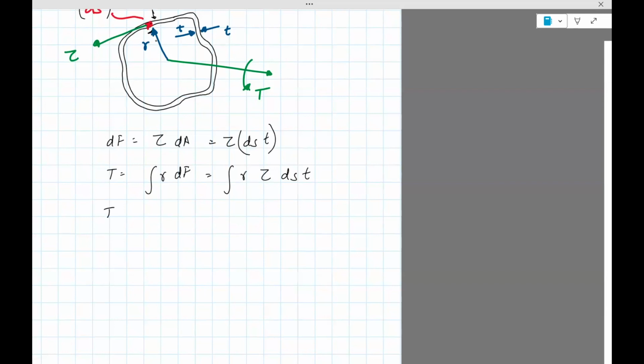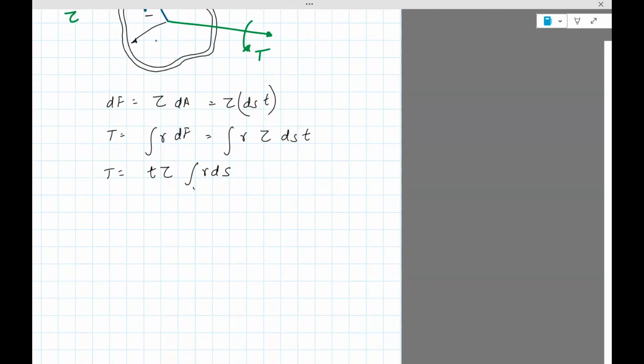I'm going to pull out everything which is a constant. The shear stress is a constant. My bad, r varies with distance, right? There's an r here, and then here there'll be a different r, so I can't really pull it out. I can pull t out, though, since thickness is constant, leaving the integral of r ds.